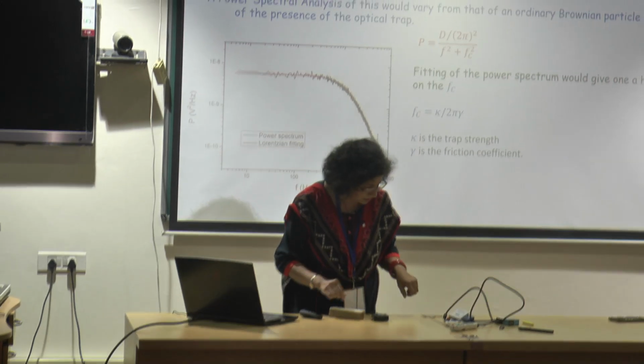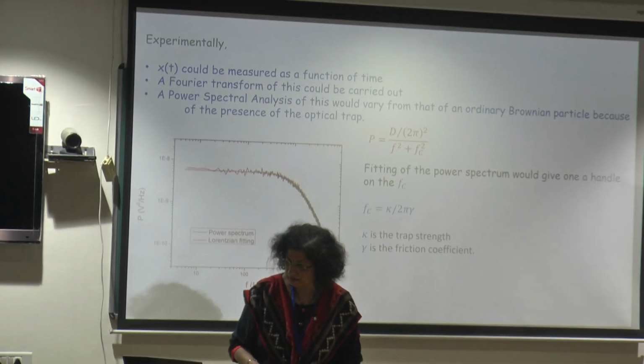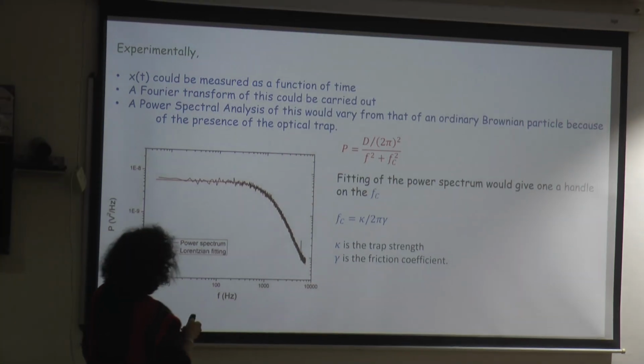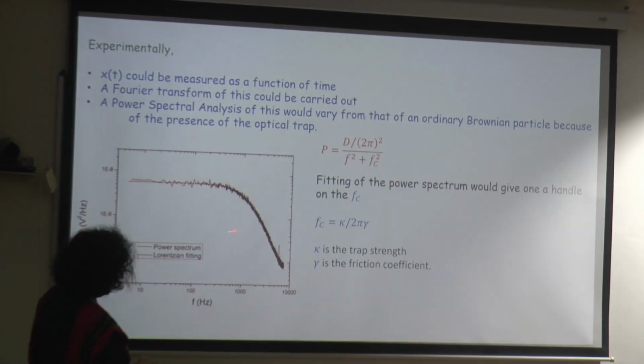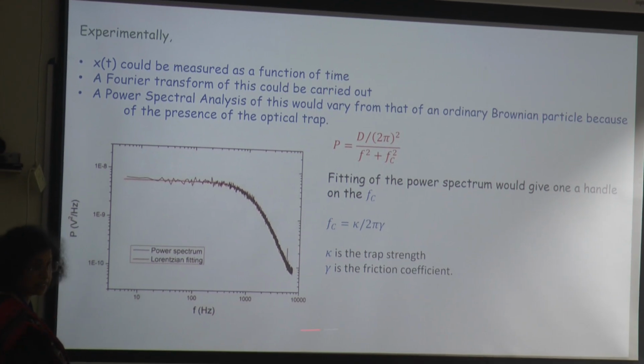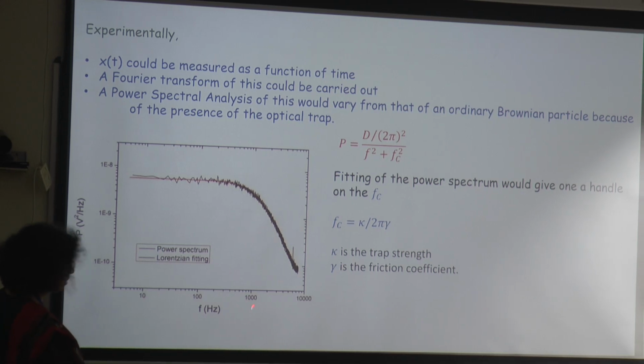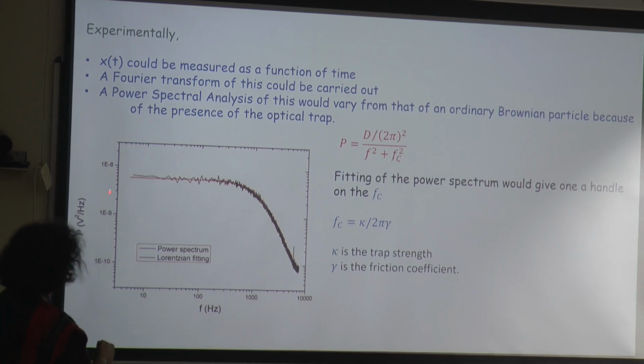This is a slide I kind of jumped over. What you can see over here is basically your frequency axis, which is of course in a logarithmic scale. And this is essentially the power spectral density, as we call it, alright.